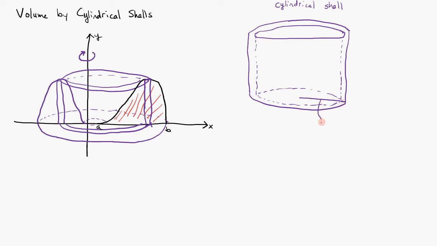This is the radius of the shell. A typical shell will have some height. And then this piece here is the thickness of the shell.